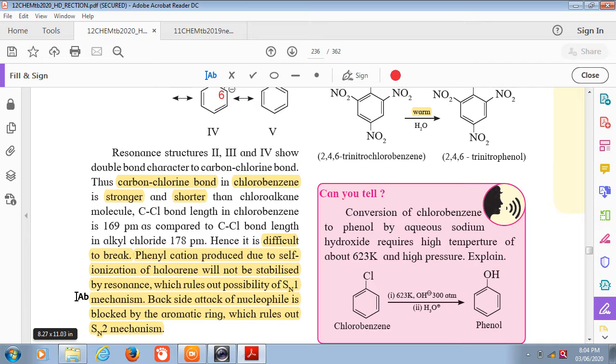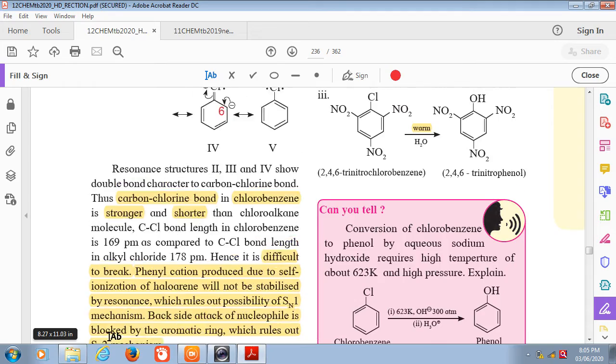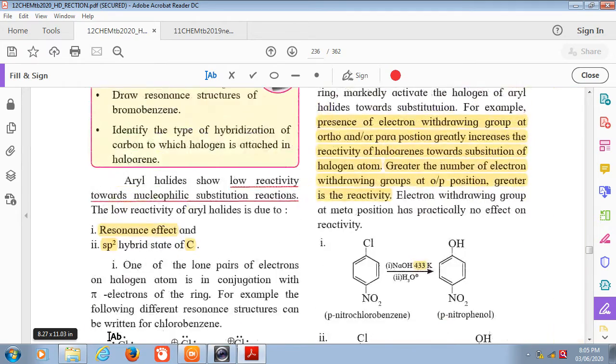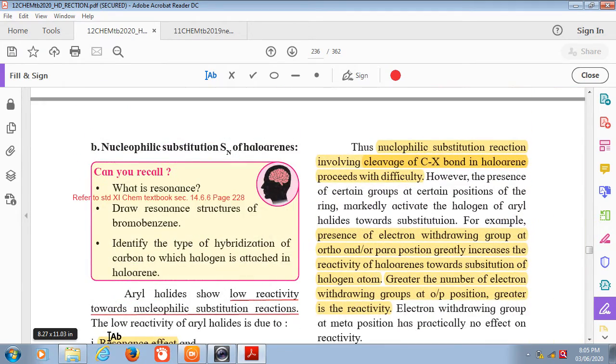So this also rules out the SN2 mechanism, because in SN2 mechanism backside attack is important. Due to these factors, aryl halides are difficult to undergo nucleophilic substitution.